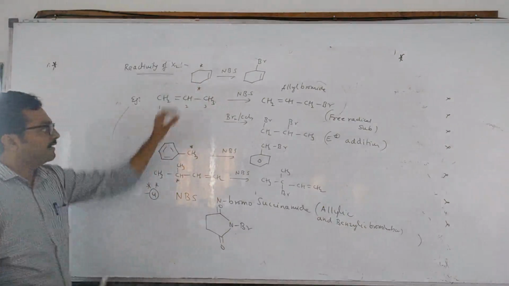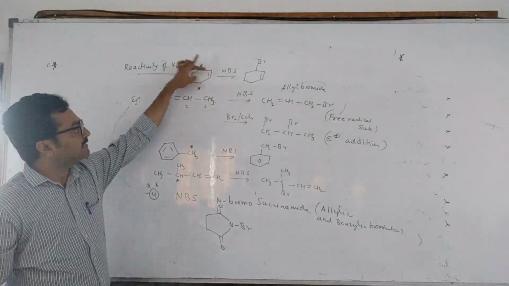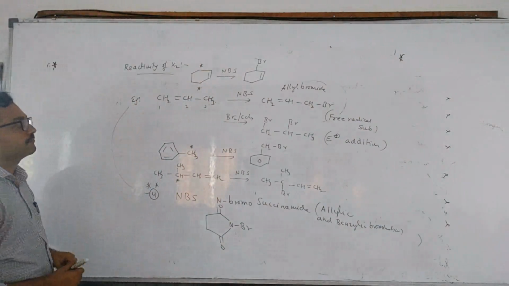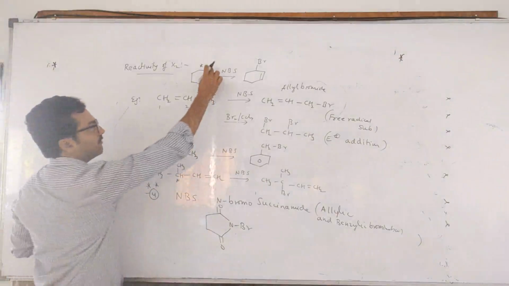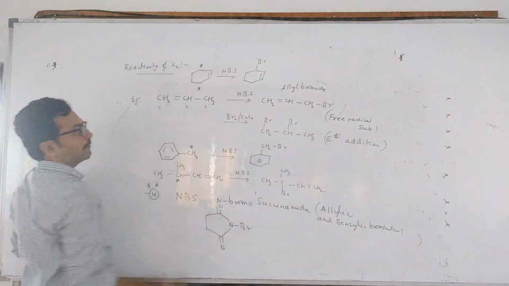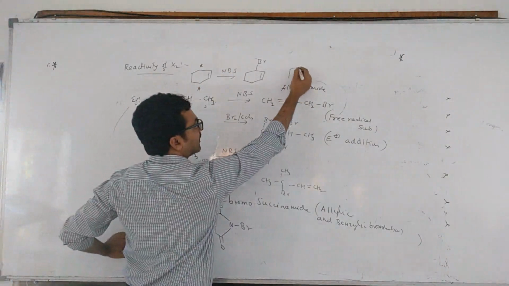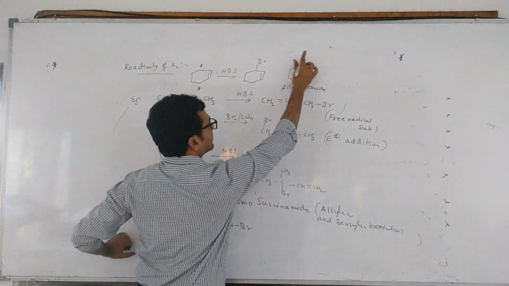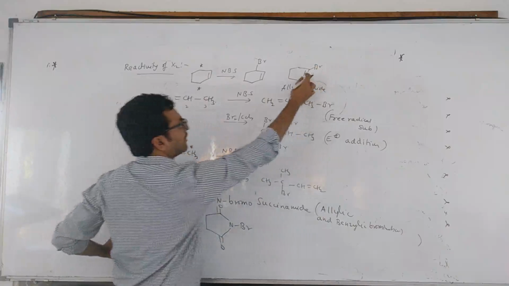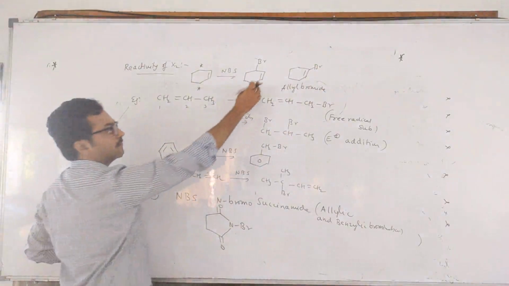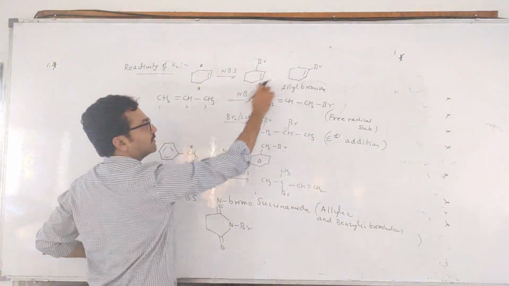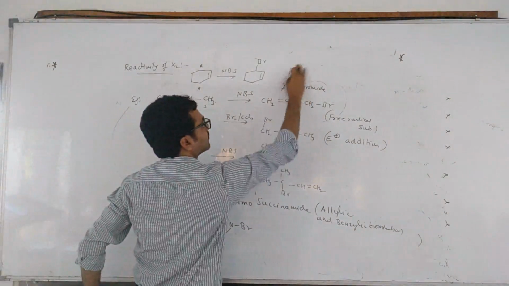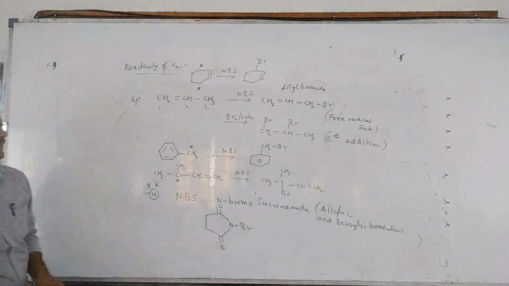Allylic means, see, the double bond is vinylic, the next carbon is allylic. Suppose if bromine is coming here, that is called vinyl bromide. That will not come, I am just telling. This is called vinyl bromide. This is called allyl bromide. This carbon is vinyl, this is allyl. Understood? Right.